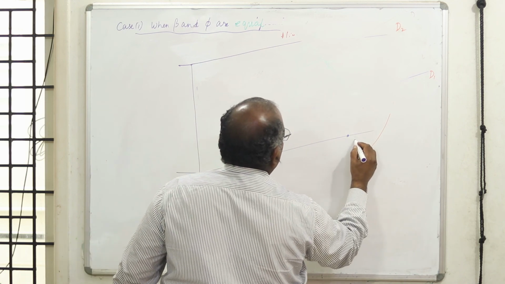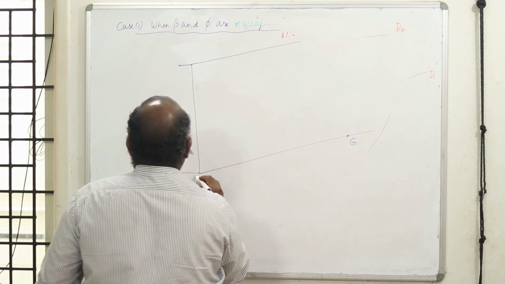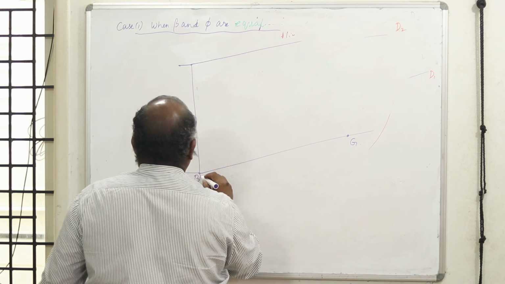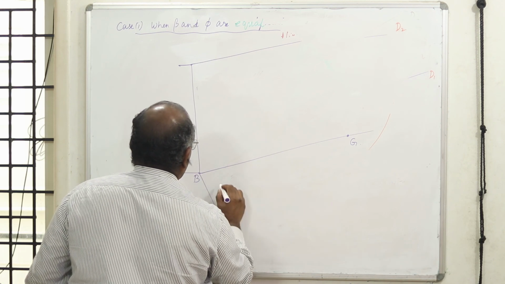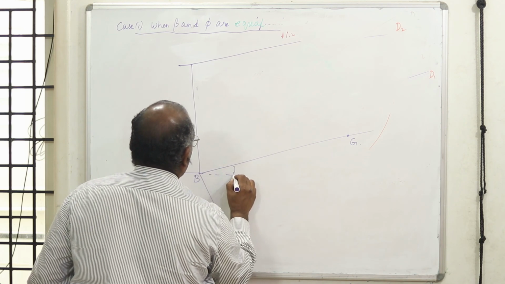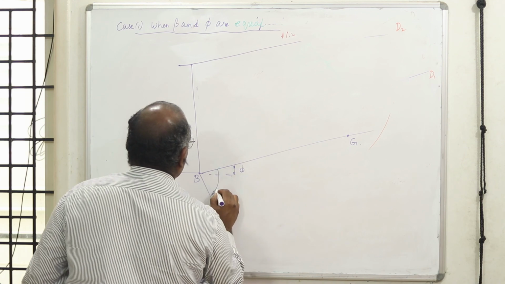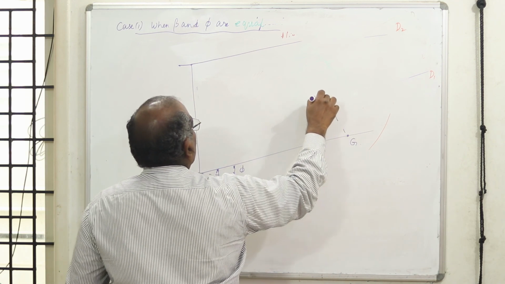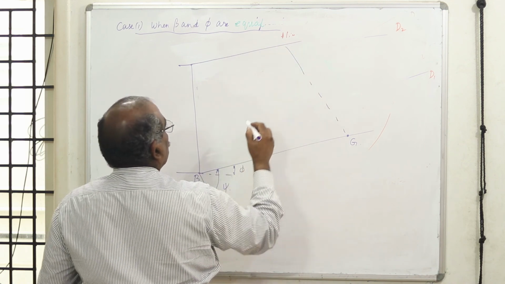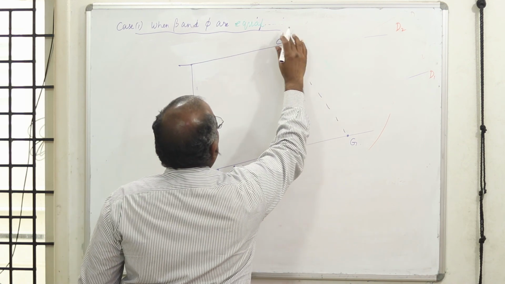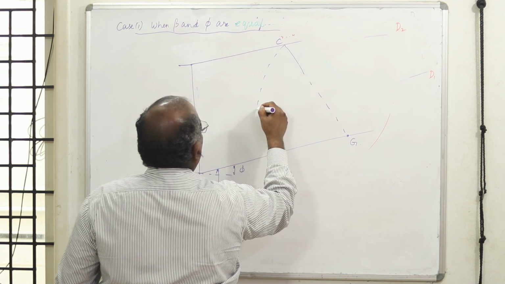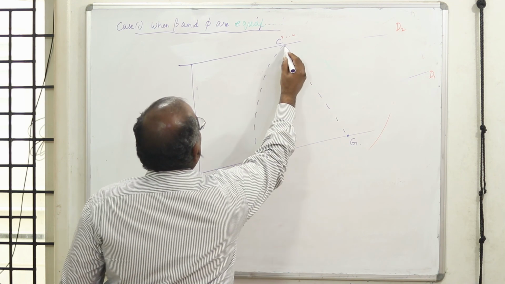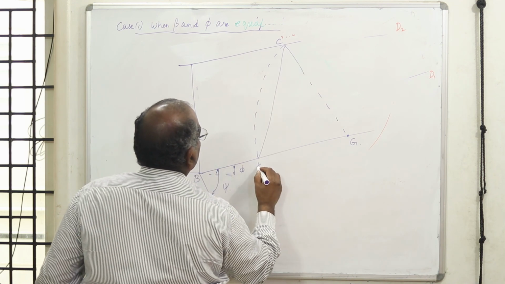Take some point G, then this is B. This is phi, this is psi. I draw a line parallel to the psi line. From here, this is C, draw an arc. Join this. This is K.